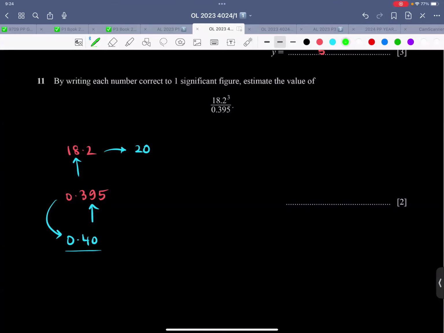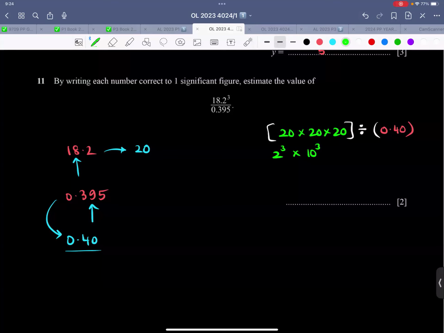So now it's asking for 18.2 cubed, that's 20 into 20 into 20, divided by 0.40. Now let me write this thing as 2 into 10 into 10 into 10. So that's 2 into 2 into 2. That is 2 cubed into 10 cubed.